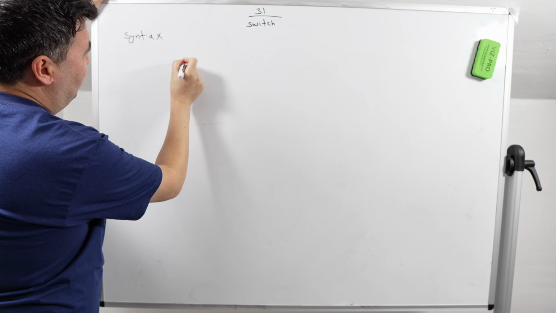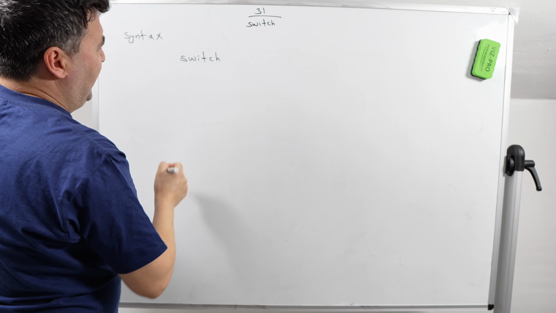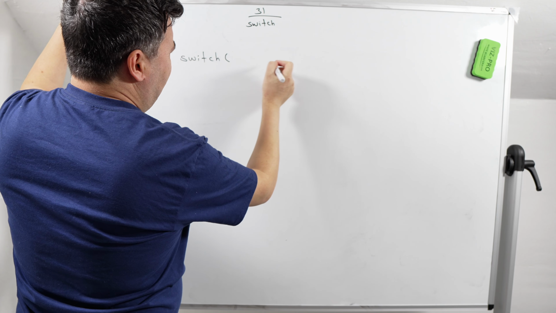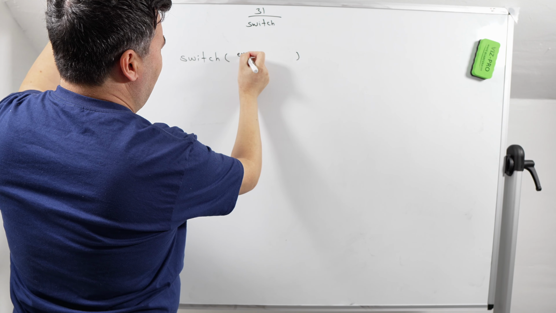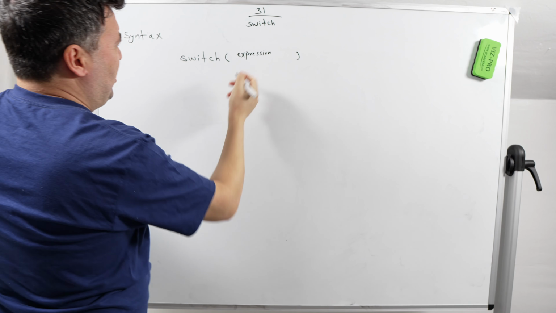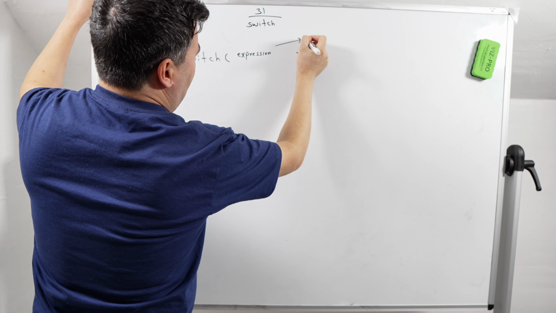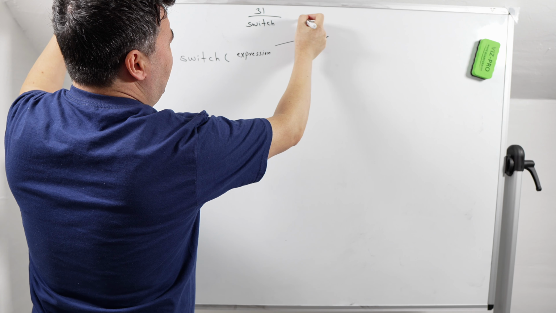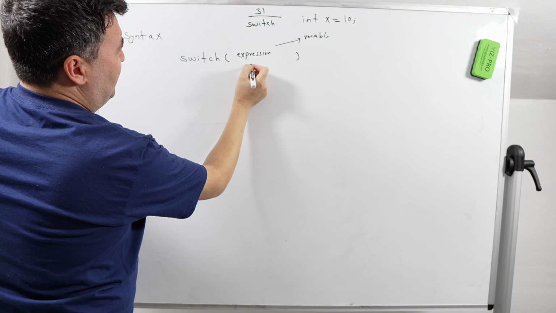So we have switch, and then we have parentheses. We close the parentheses, and inside them we have our expression. The expression may be a variable. For example, if we define integer x equal to 10, we can put x here as the expression.